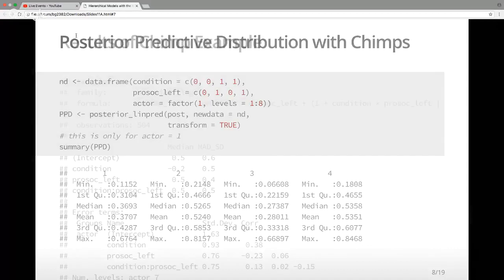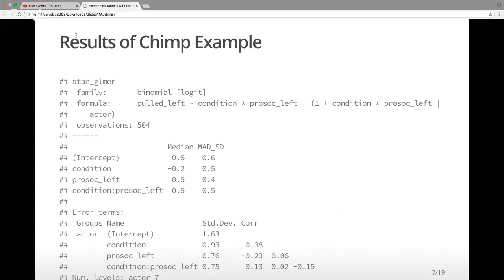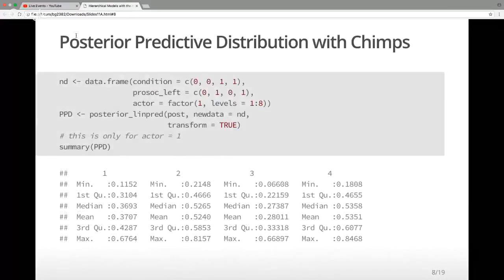And so even though marginally we had large standard deviations here, when they go through the whole nonlinear transformation into probabilities, we can say that there's a pretty clear difference between scenario 3 and scenario 4.